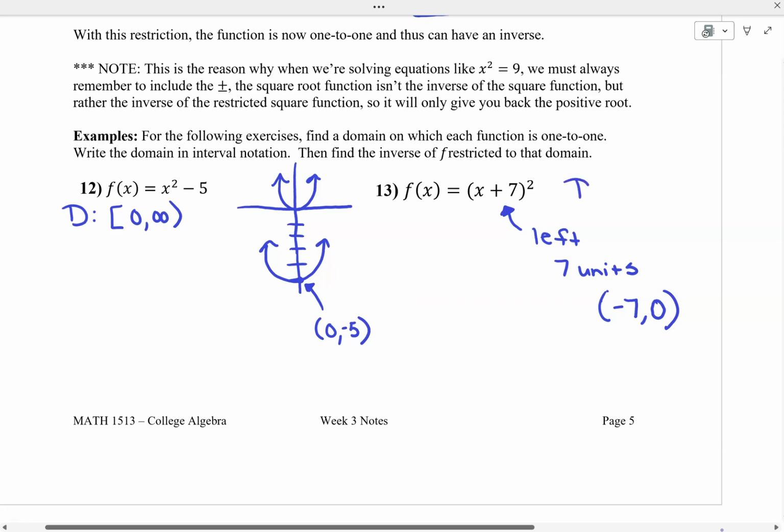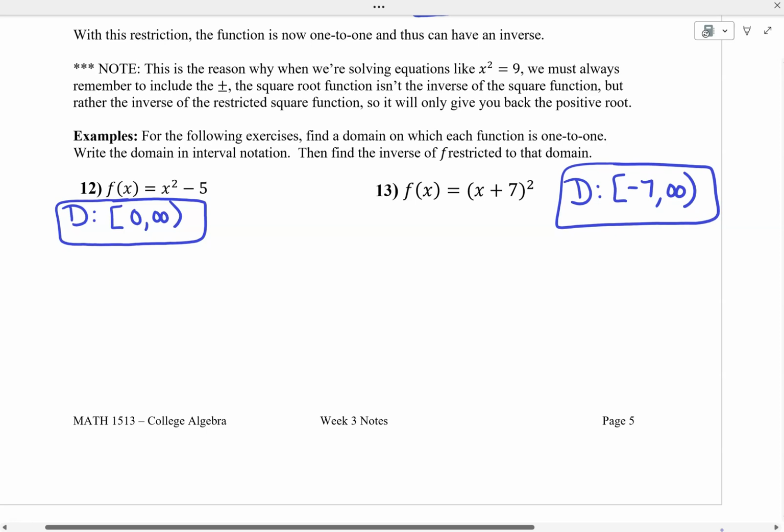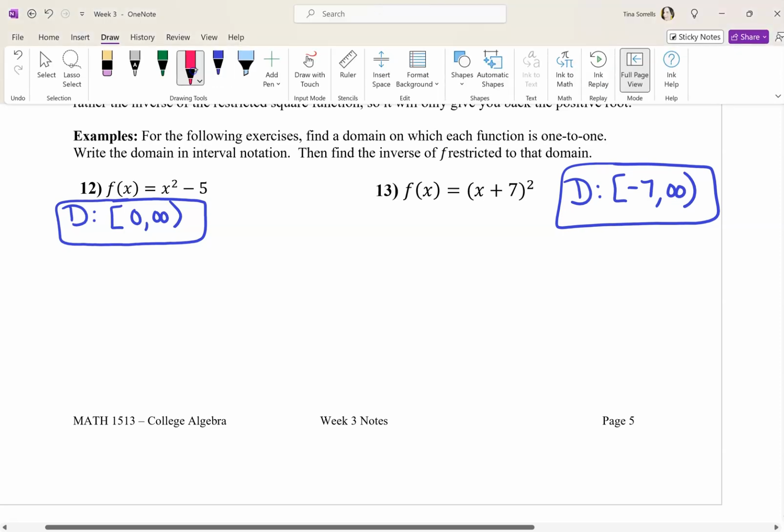So for this one, my domain will be -7 to infinity. Now, if you wanted to restrict these to the negative version, that's technically fine, but typically you will always see us go to the positive side, the right-hand side of that U. So if you can just find where the transformations moved it, then you just need the right-hand side.